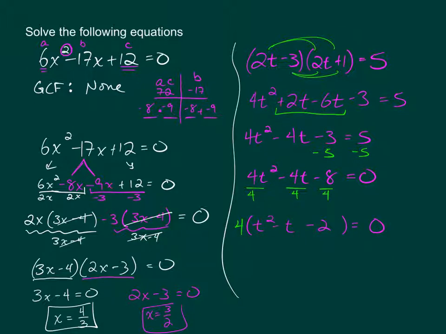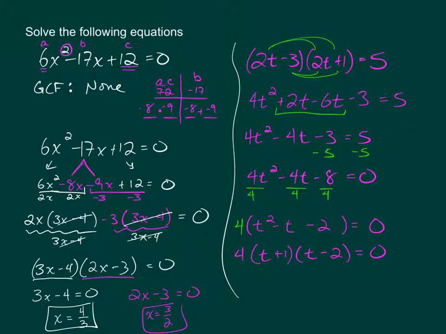So you can go through this process here to factor what's left inside the parentheses to end up with 4 times t plus 1 times t minus 2 equals 0.